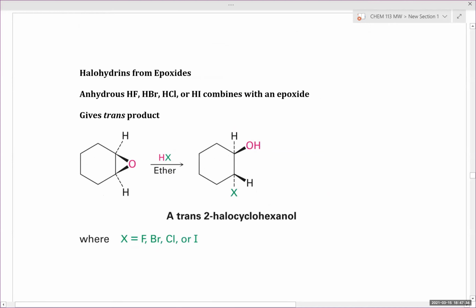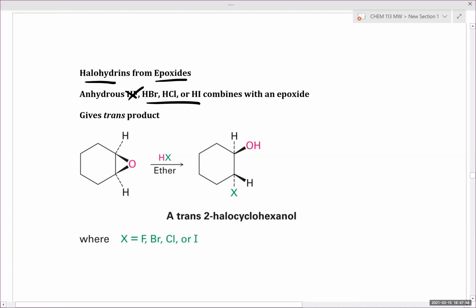Now, just like we can make epoxides from halohydrins, and just like we can install nucleophiles by treating an epoxide with a nucleophile under acidic conditions, we can synthesize halohydrins from epoxides by treating an epoxide with anhydrous acid. Cross out hydrofluoric.